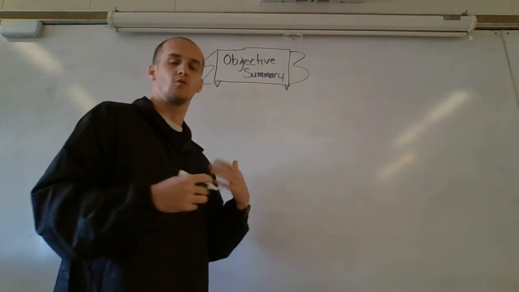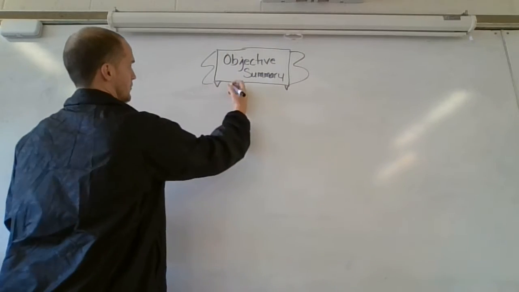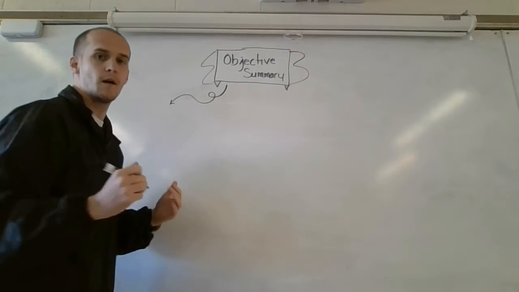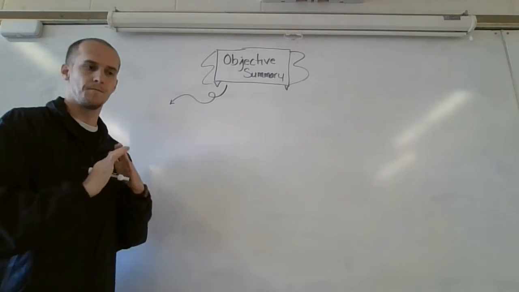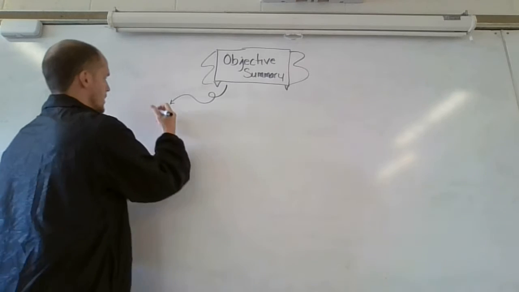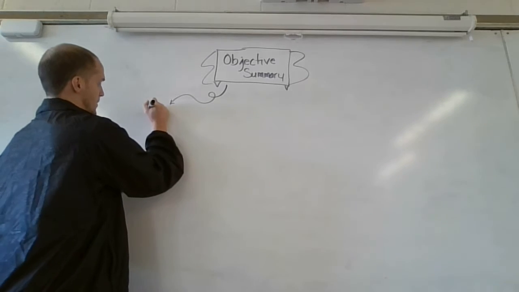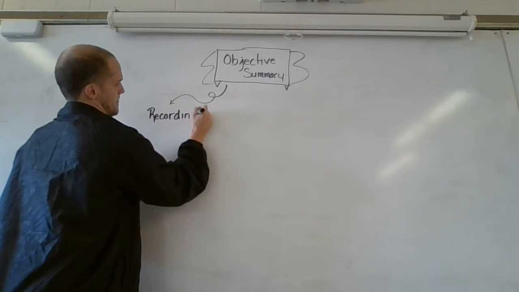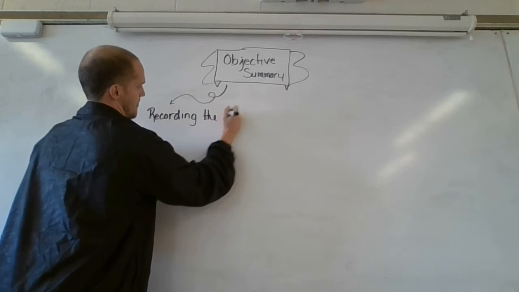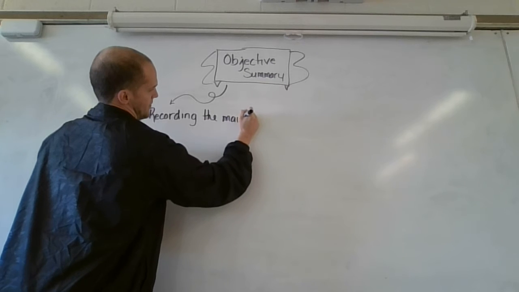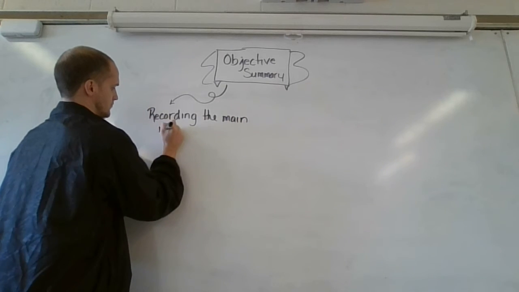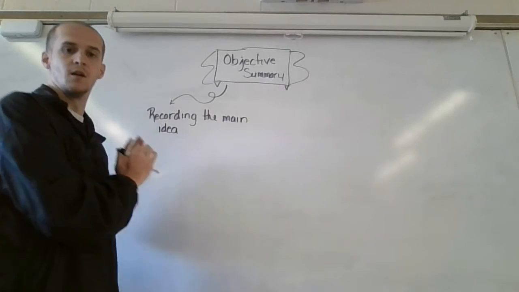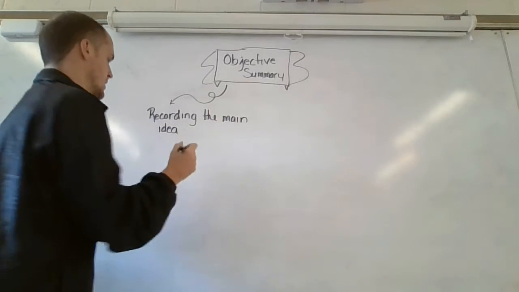All right, and so when you're writing an objective summary, what you're doing is you are recording or writing the main idea. That's number one. You want to record or write about the main idea of the text.